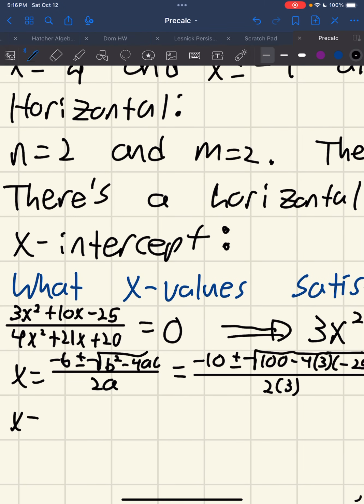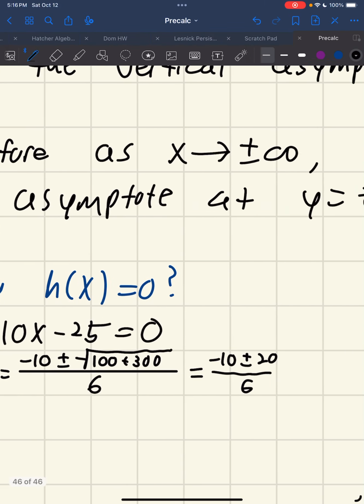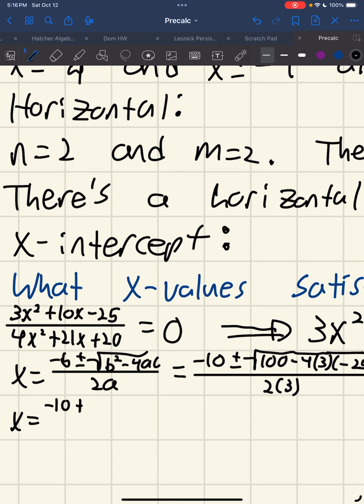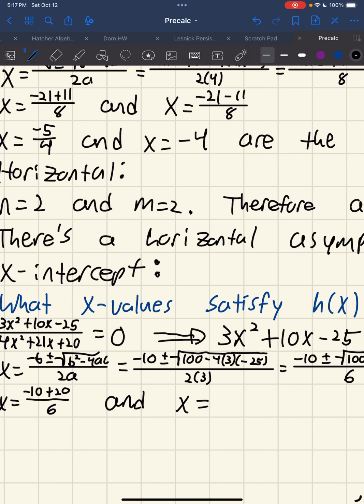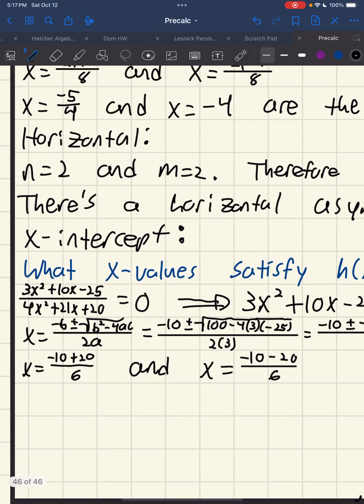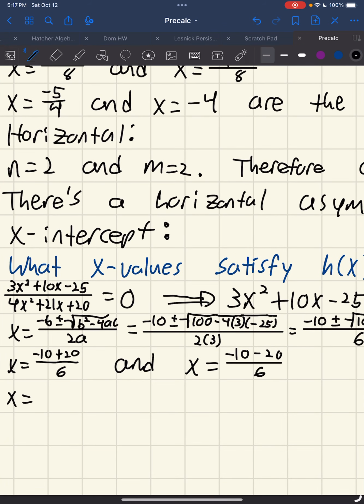So we're getting x is equal to negative 10 plus 20 over 6, or x is equal to negative 10 minus 20 over 6. Actually, I'm talking about asymptotes, so there'll be an asymptote at both of them. Or we'll get x is equal to 10 over 6, which can reduce to 5 over 3.